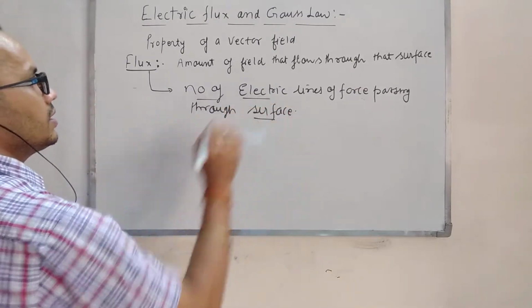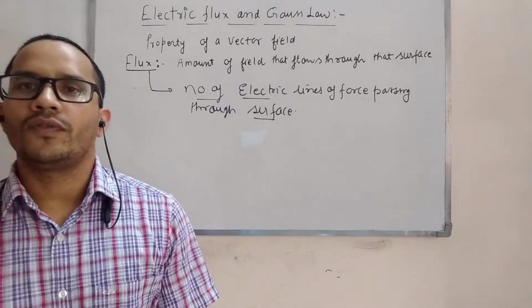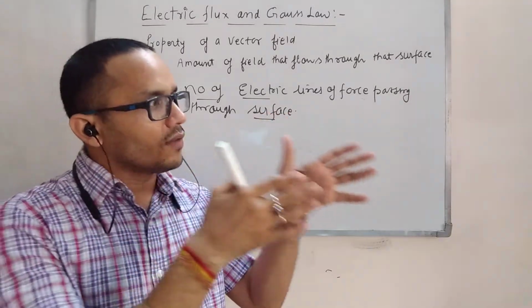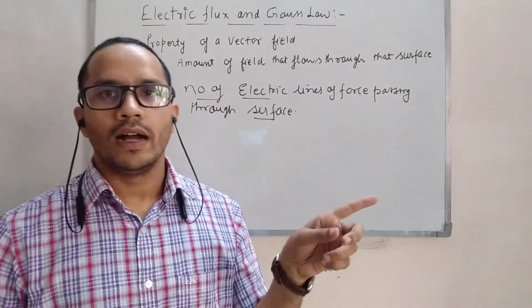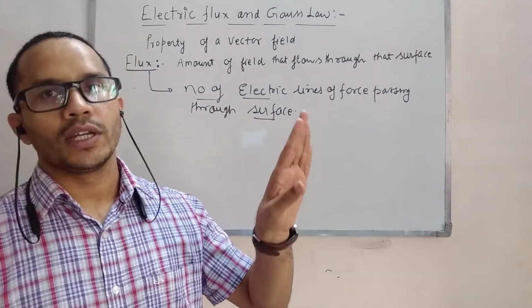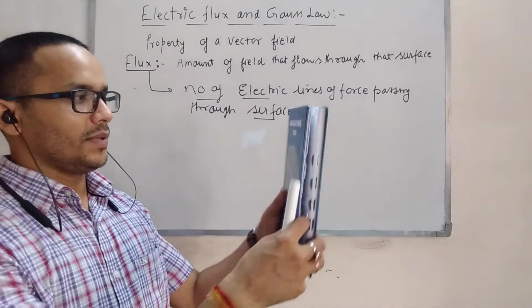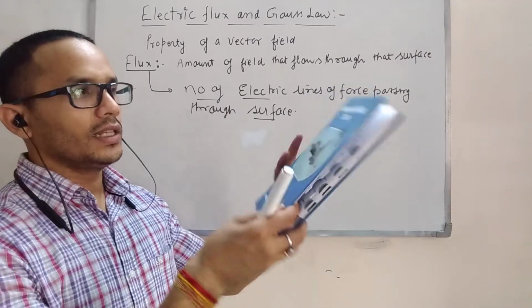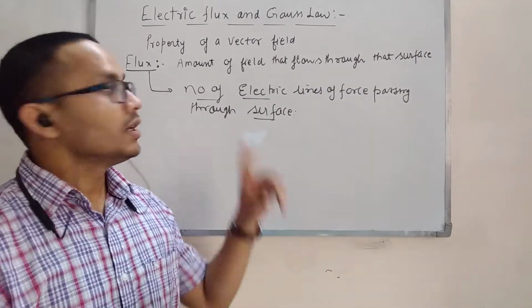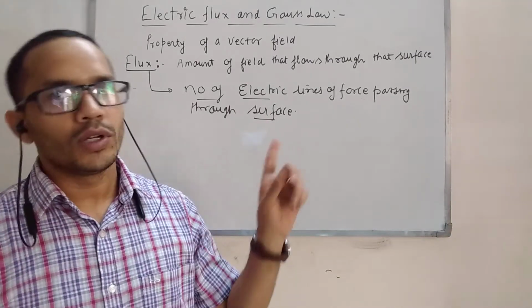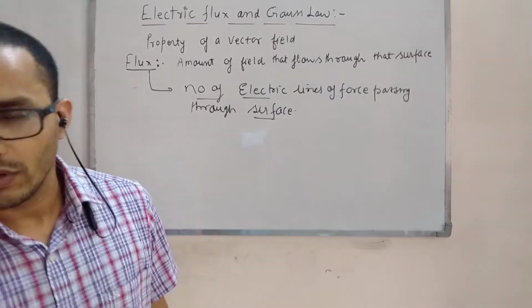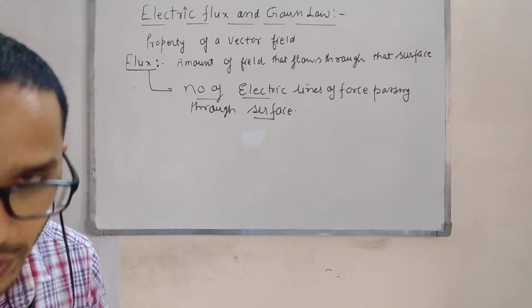Now the next question is, how can you calculate this number of electric lines of force? As we have seen, the number of electric lines of force depends on the area and orientation. In this case the maximum number of lines penetrate, but in this situation the minimum. It means the flux depends on the orientation and nature of the surface, and the area of the surface. So this is the actual meaning of the flux.